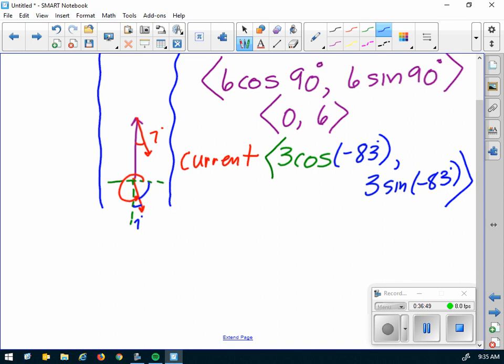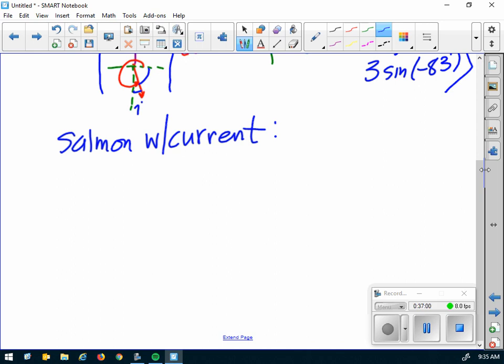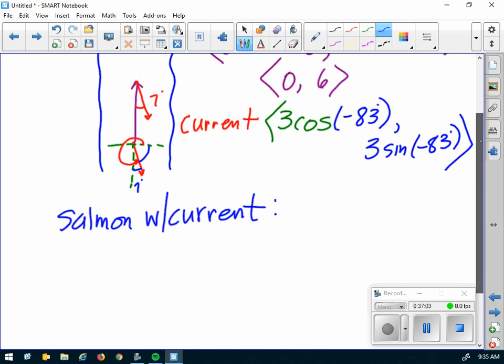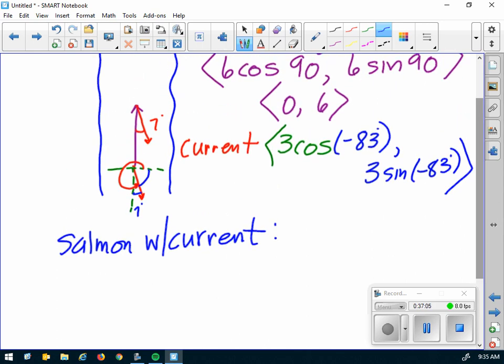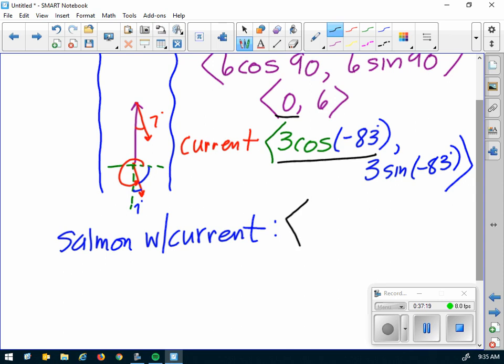Now, salmon with the current. What's my horizontal piece going to be? Well, it's going to be this plus this. Run it on your calculator, get us a number. 0.366.